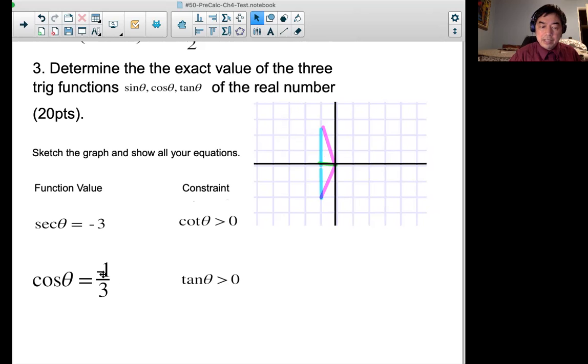Now, cosine is negative, tangent is positive, or cotangent is positive. It's only this selection right here. So I will erase this. Now this is a condition.